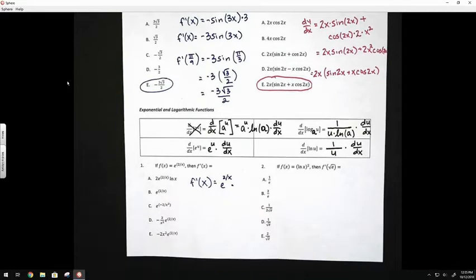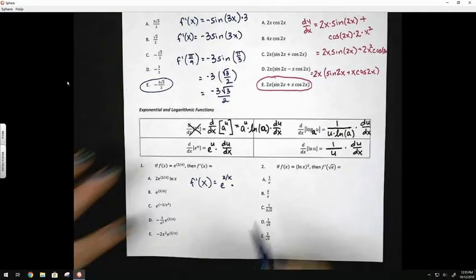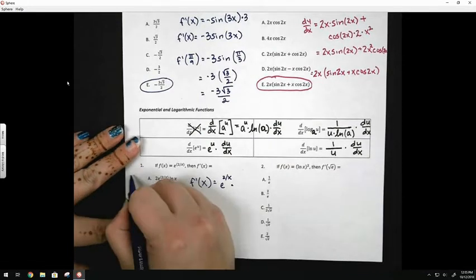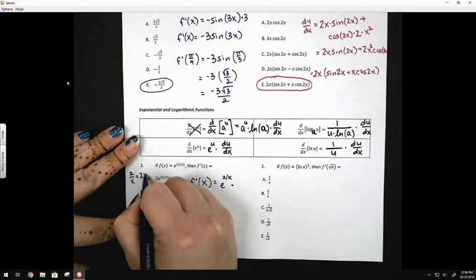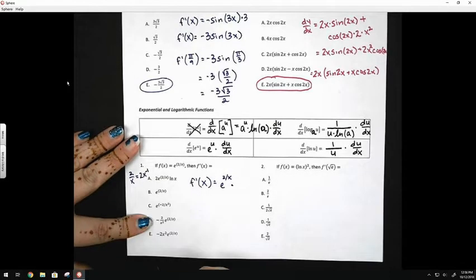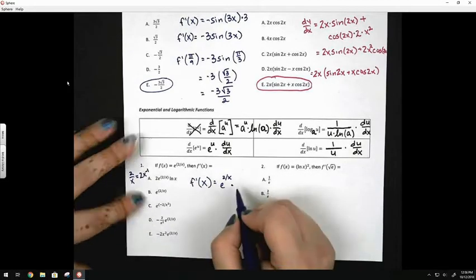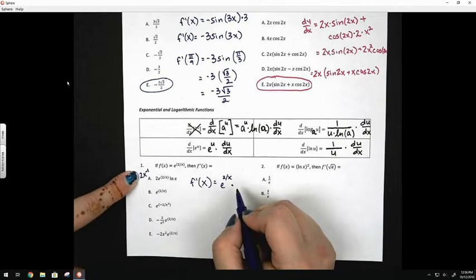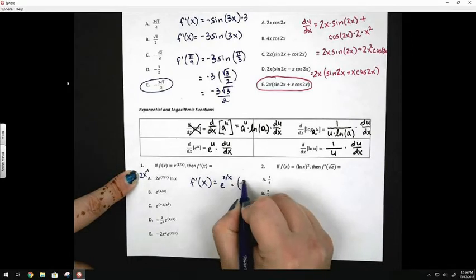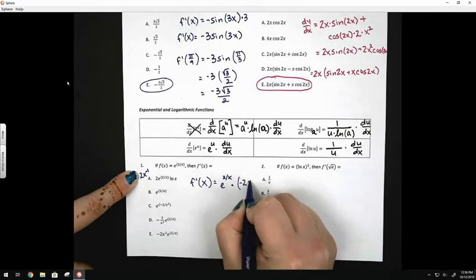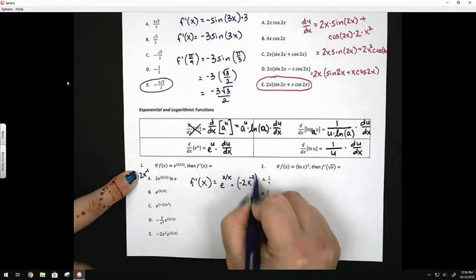All right. Well, 2 over x, remember, if we need to rewrite that, 2 over x is the same as 2 times x to the negative 1, which means to take the derivative of that, we can just use the power rule. So 2 times negative 1 is negative 2, and then x to the negative second, because we subtract 1.